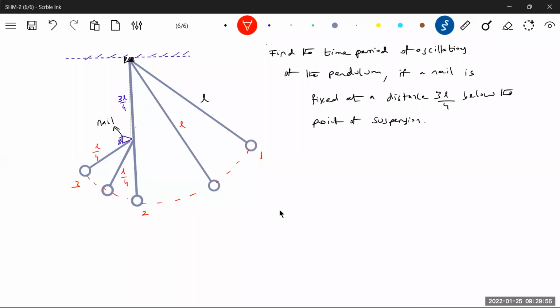So we'll write the condition: for path 1 2 and 2 1, point O, the bob oscillates about O.